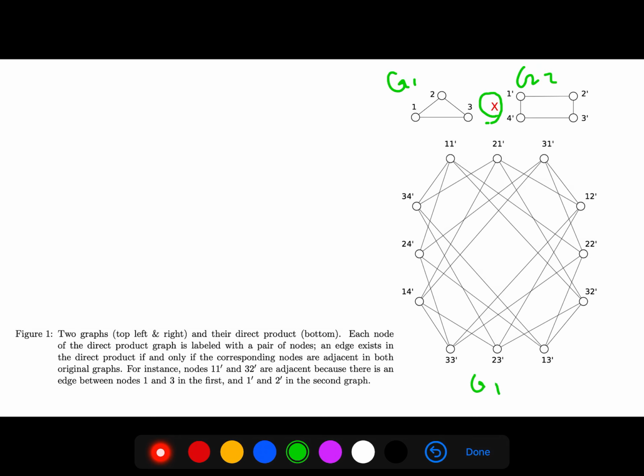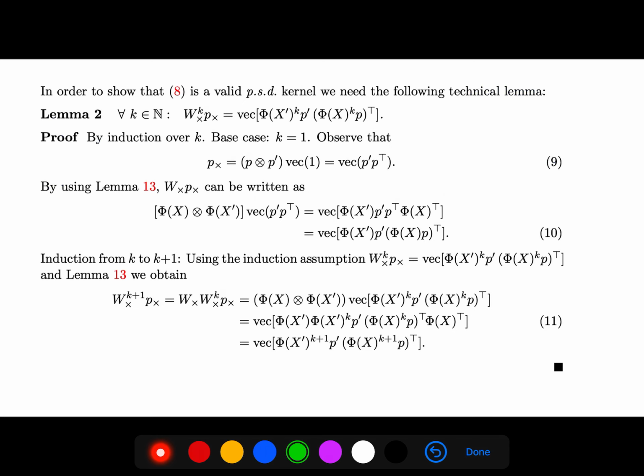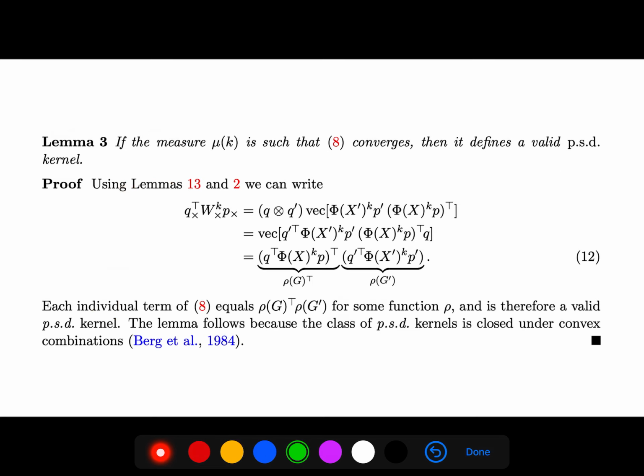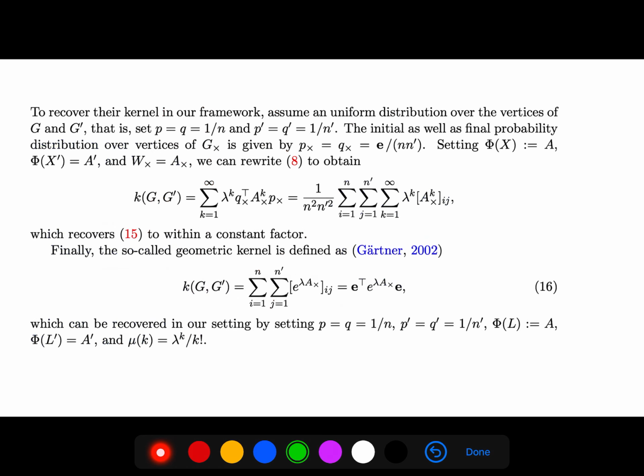And this is G1 times G2. So this is the kernel definition of that. If you do it on the product graph, then they have these nice properties. This is a very important long paper that I just want to show is really interesting.